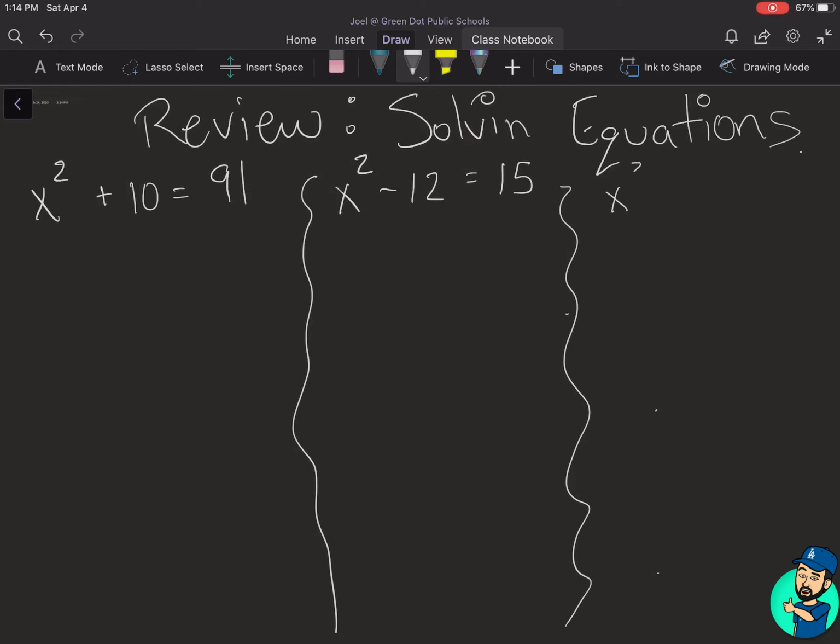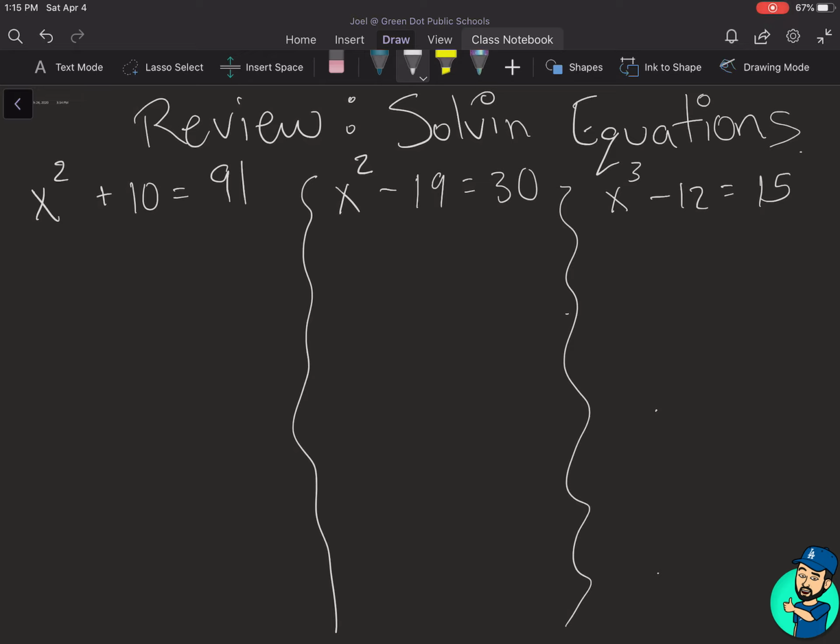X to the third power. Oh, sorry, that's the one I meant for the third power: x cubed minus 12 equals 15. Now this one right here: x squared minus 19 equals 30. There you go.